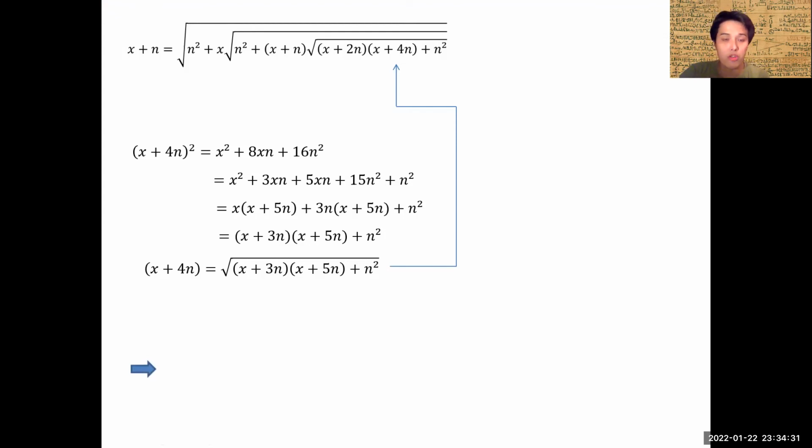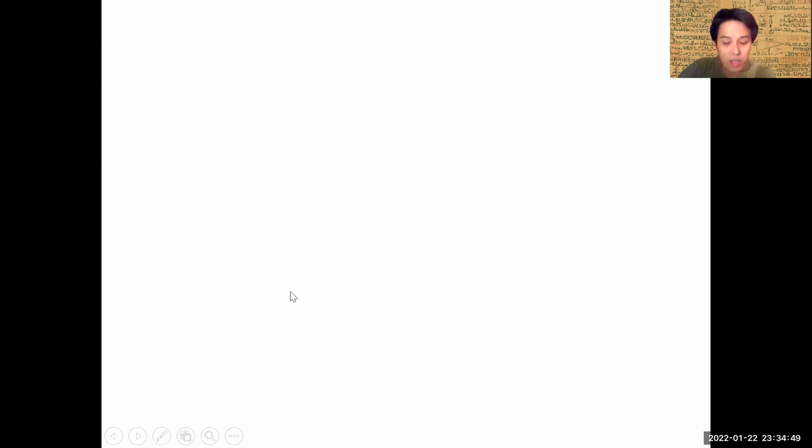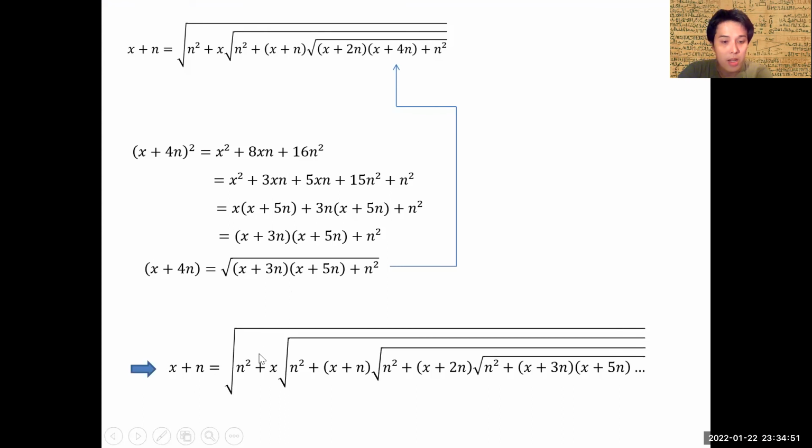This whole thing will transform into the general form of the nested radical hierarchy of what Mr. Ramanujan is trying to achieve. So over here, x plus n, if you notice something very interesting, n squared is n squared, n squared, n squared, n squared. x plus n, x plus 2n.